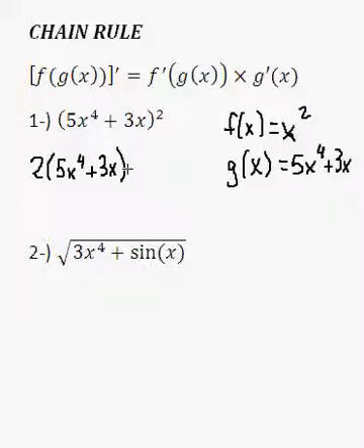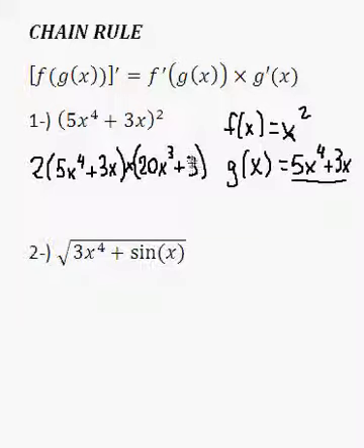Now we're going to have to multiply this by the derivative of the inside function, which is g of x. And the derivative of this guy will be, I'm going to be bringing the 4 down, multiply by the 5, and subtract 1 from the 4. So that will be 20x cubed, plus just 3, because the derivative of 3x is just 3.